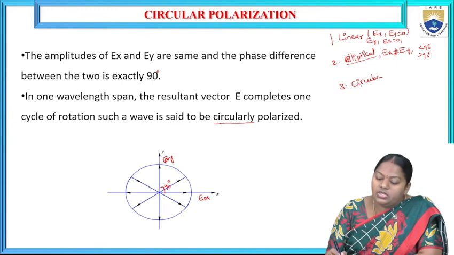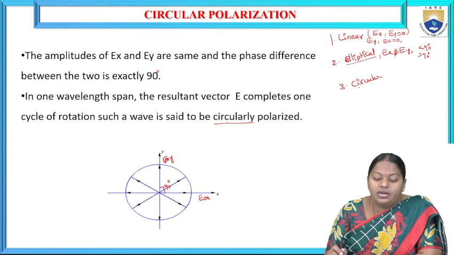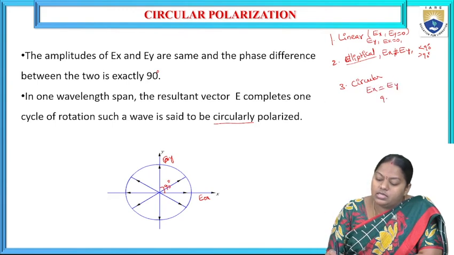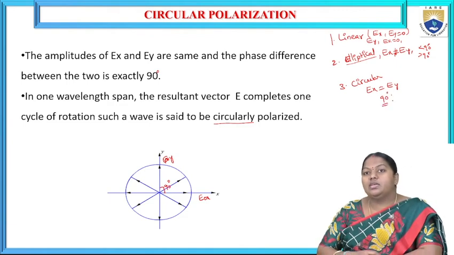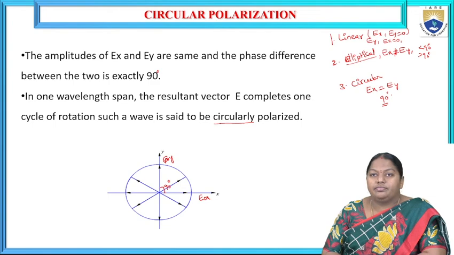And circular polarization: if the magnitudes or amplitudes of Ex and Ey are the same, Ex is equal to Ey, and the angle between the two is exactly equal to 90 degrees, then the wave is said to be circularly polarized.